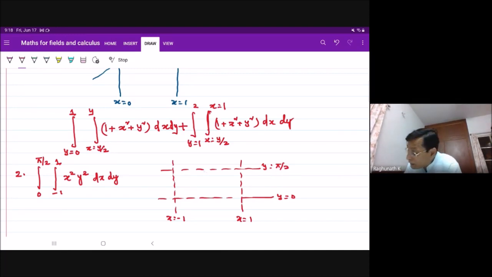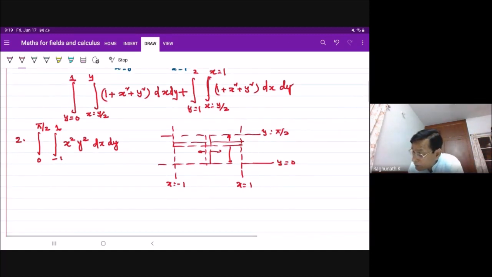Whether you take the y first and then move it across, or the integral x first and then move it from y is equal to 0 to pi by 2, it is not going to change. So you can straight away write this as -1 to +1, 0 to pi by 2, x square y square, dy dx also. It makes no difference because all are constants.